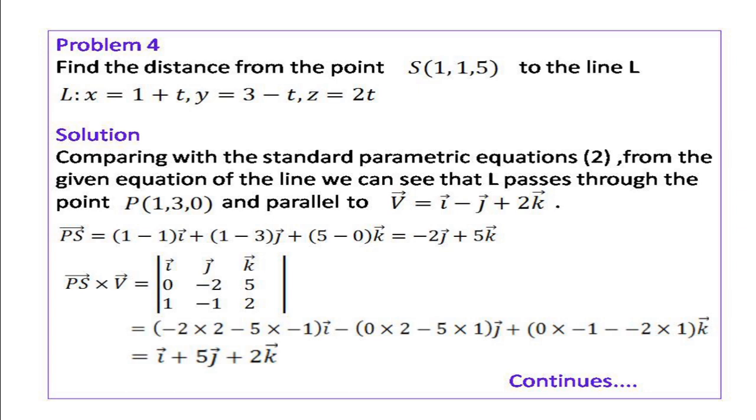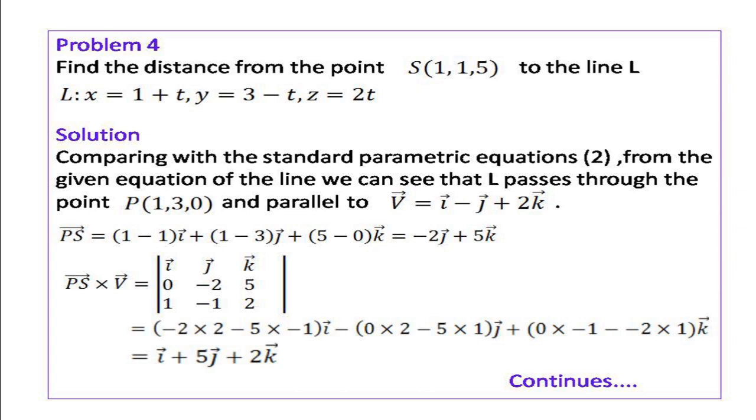Now we can find vector PS. We know the point P and S. So, vector PS equal to 1 minus 1 vector i plus 1 minus 3 vector j plus 5 minus 0 vector k, which is equal to minus 2 vector j plus 5 vector k.